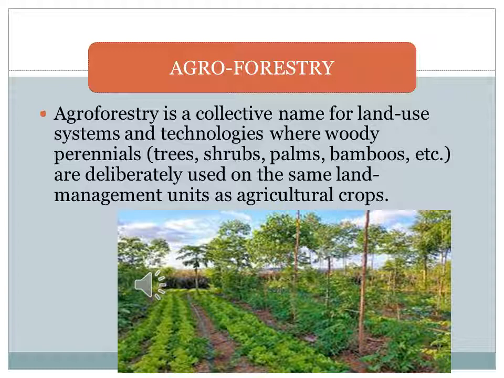It is a collective name for land use systems and technologies adapted for ecological as well as economic benefit between the various components. Commercial production of plantation crops like rubber, coconut, oil palm, and underplanting of food crops and pastures.